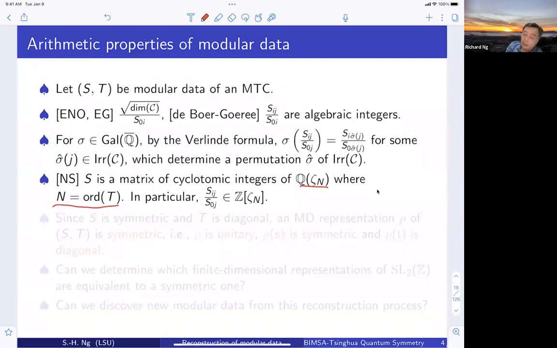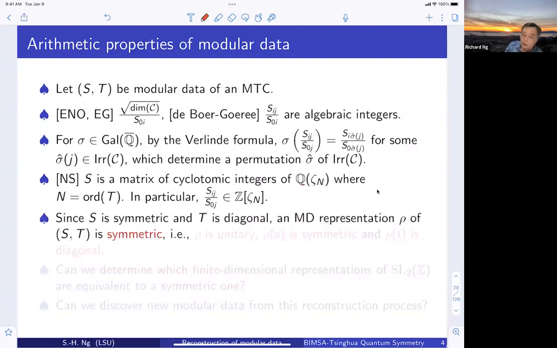So together you actually put a bound on this S matrix, and in particular on this quotient. Now we know the conductor is bounded by n, where n is the order of the T matrix. If you don't know where they lie, then it is hard to set up an equation to solve. Now we know where it lies, you can actually solve equations when we try to find out whether these modular data are realizable or not.